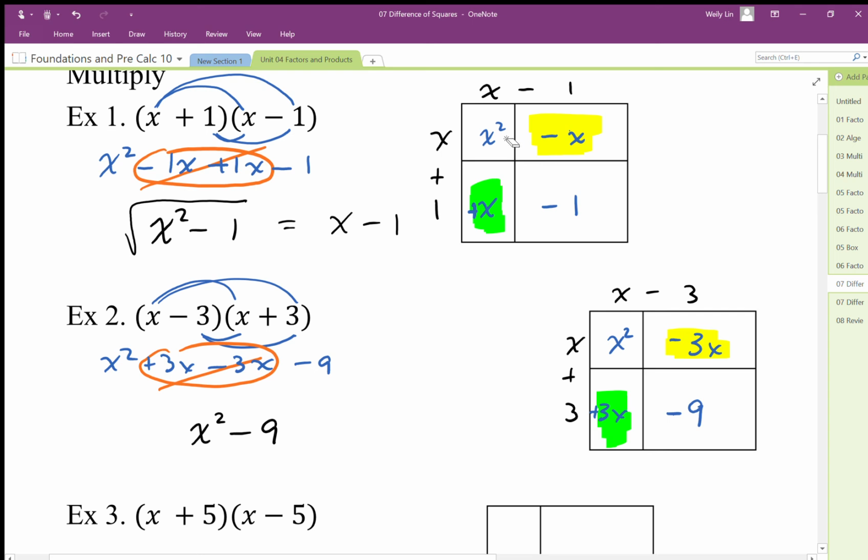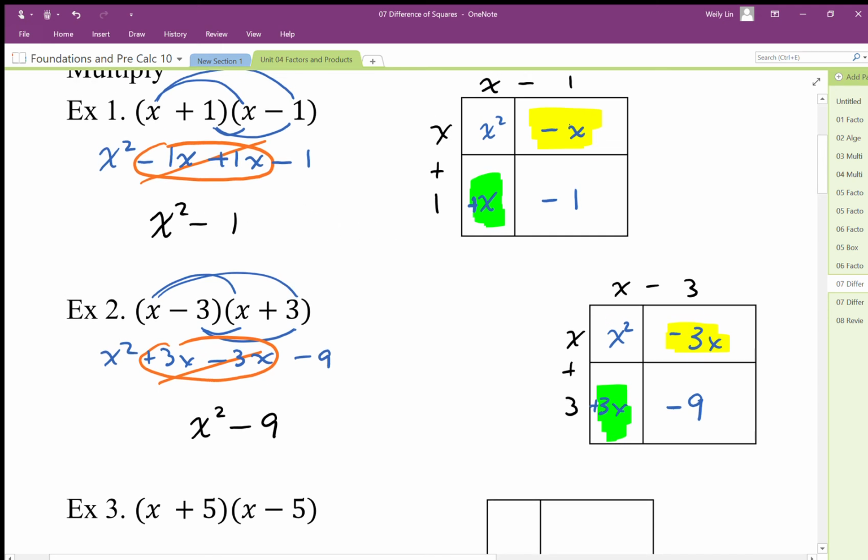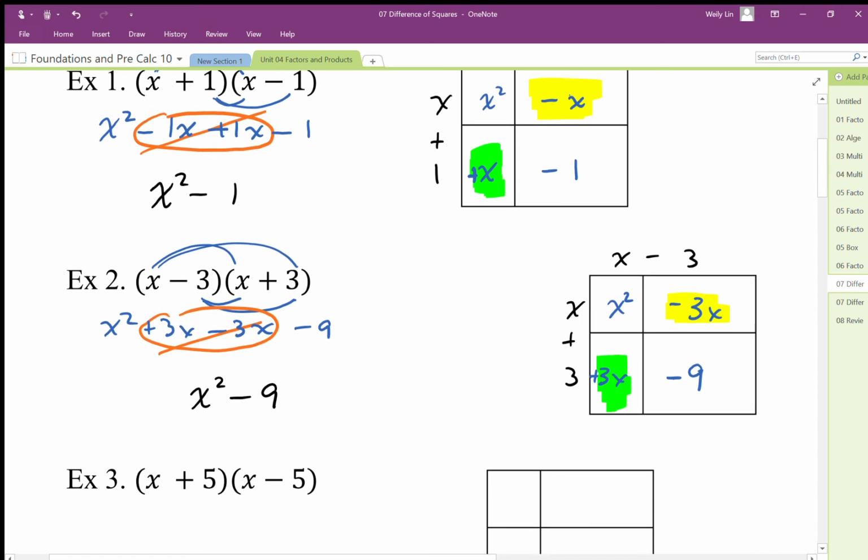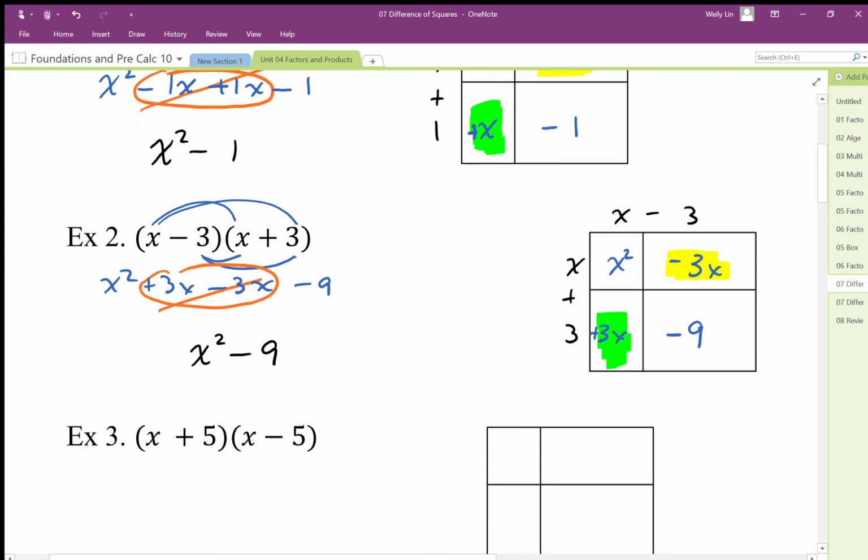If we don't start with a square, so here we have squared minus squared, when we put them together, we don't have a square shape. So we cannot square root. If you think of our length and width, our length is shorter than our width, which means that it must be a rectangle. This is not a square shape. So we cannot square root these binomial difference of squares terms.